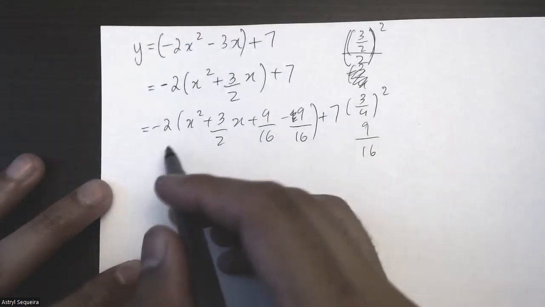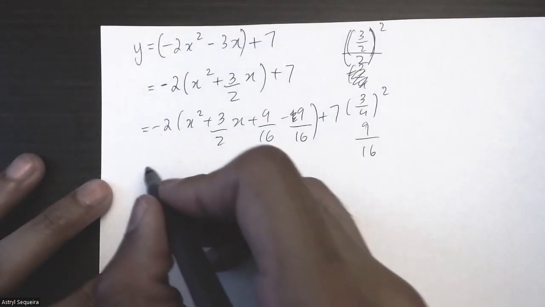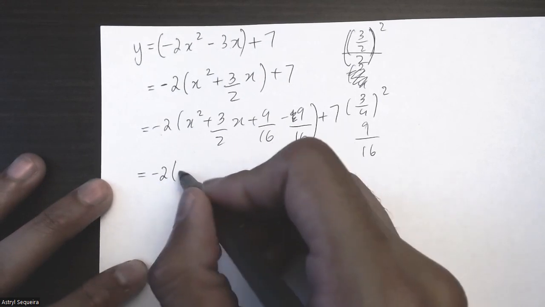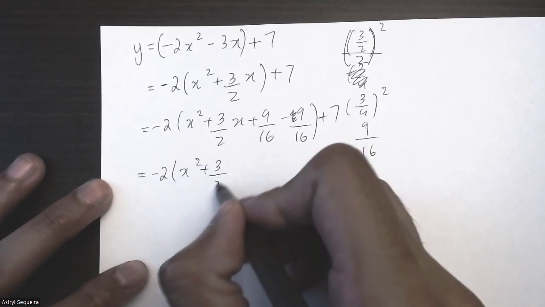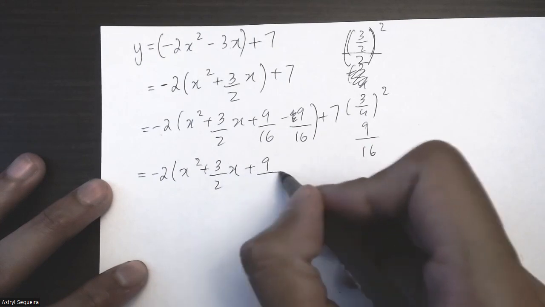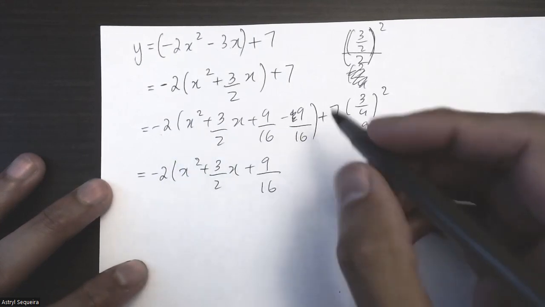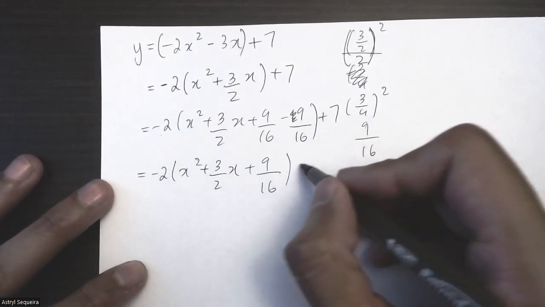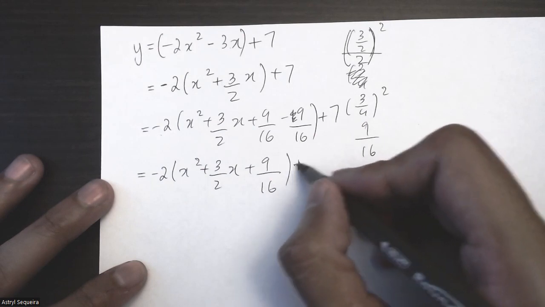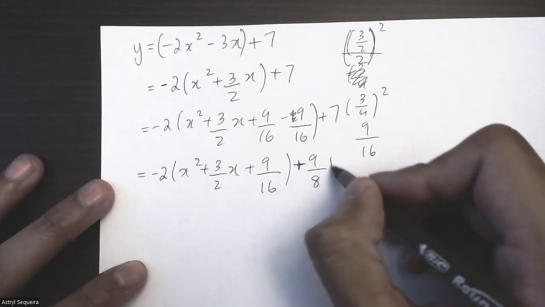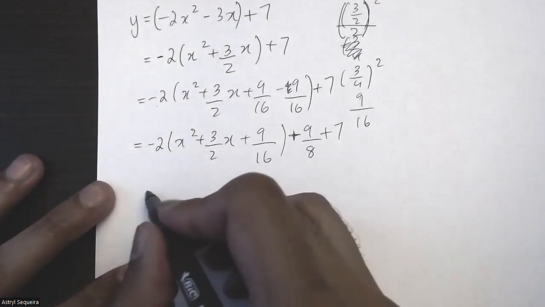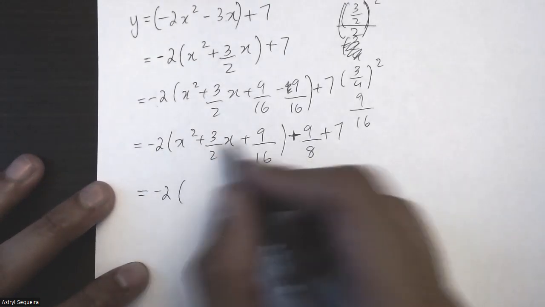And I want to bring the negative number out. And when I do that, I'm going to multiply with negative 2. So negative 2 times negative 9 over 16 is just positive 9 over 8 plus 7. I want to perfect square this bracket over here.